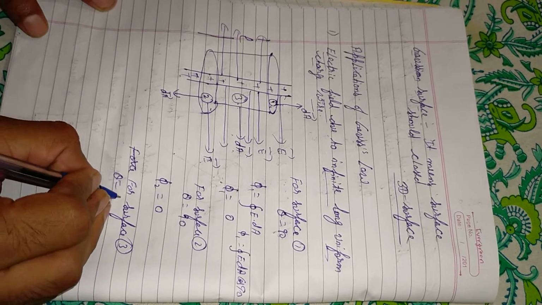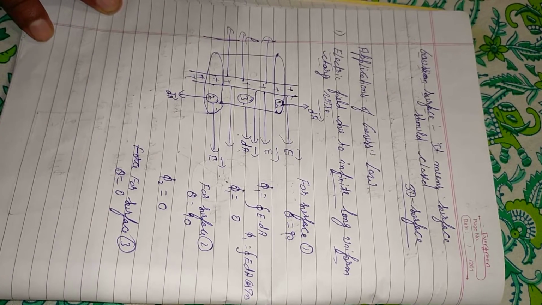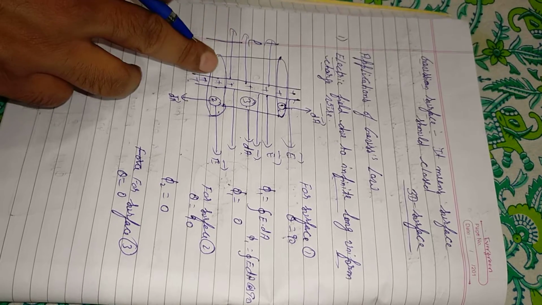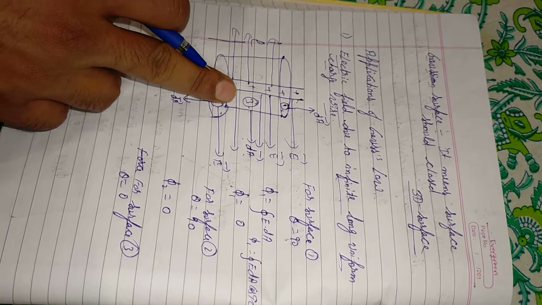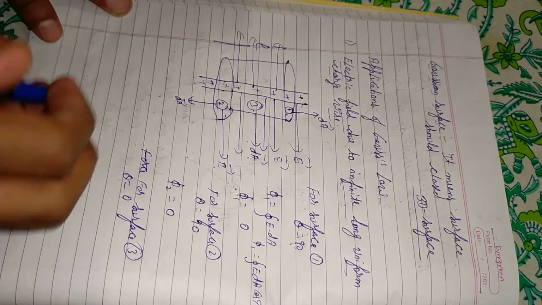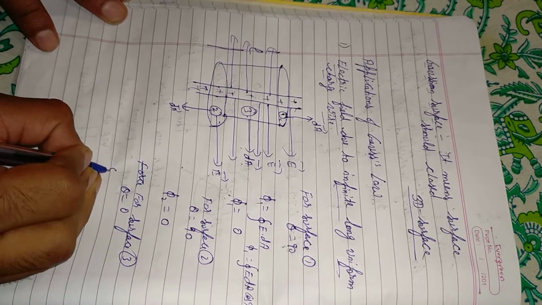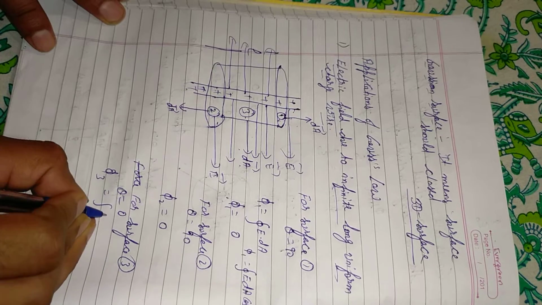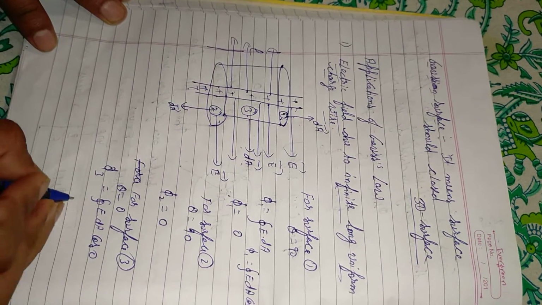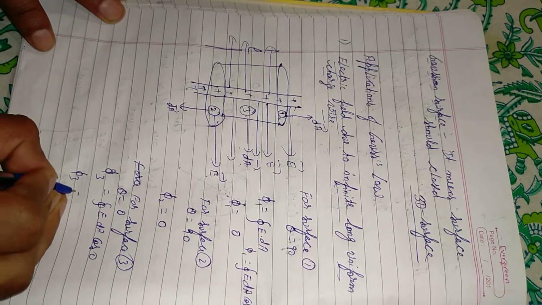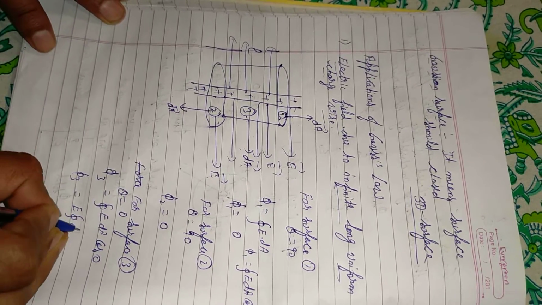So theta equals 0, which means the total electric flux through the charge wire is taken from the curved surface. For the third surface, the electric flux is E dA cos 0, and cos 0 is 1, so phi 3 equals E dA.